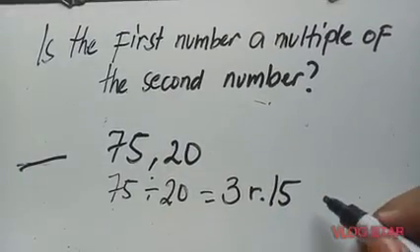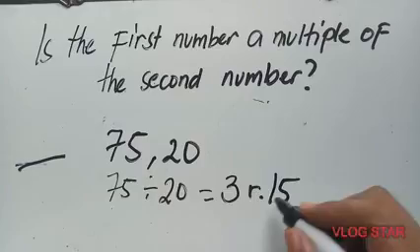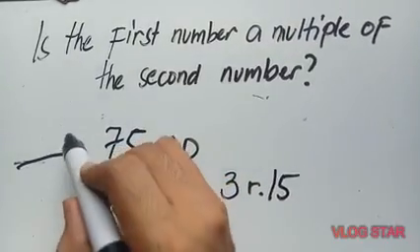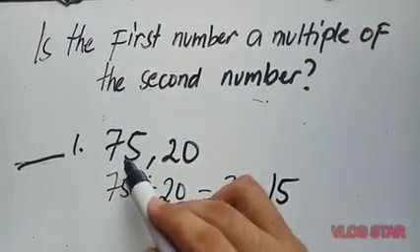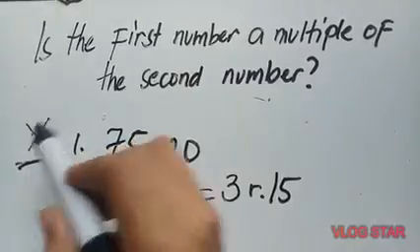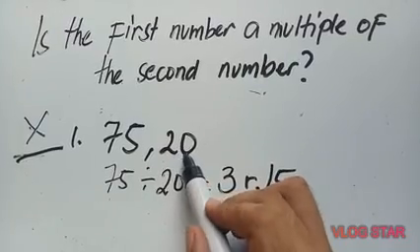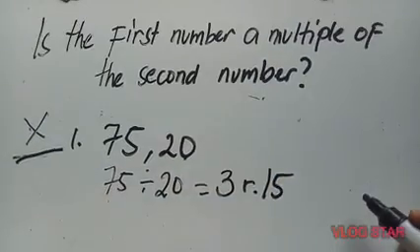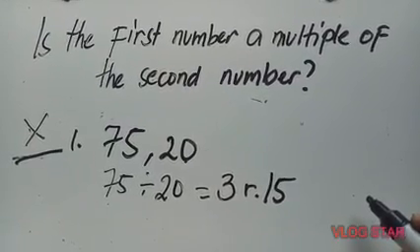So you can see that there is an excess value, or there is a remainder. So we can say that 75 is not a multiple of 20. You cannot think of any number that when you multiply to 20, the answer is 75. That's why it's not a multiple of 20.